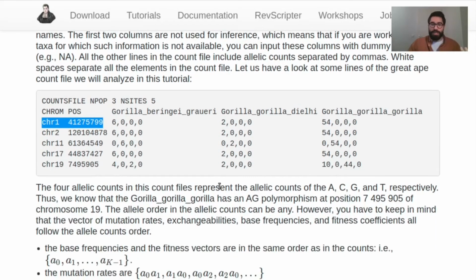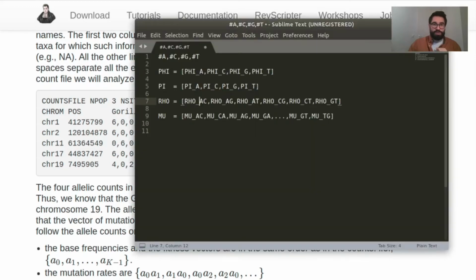Another important thing about the count files is that the order of the alleles matters. And why does it matter? Because it will determine the order of the parameters that I'm estimating. For example, in this case, all the allele counts in this count file follow this order, A, C, G, and T. And as a result, the estimated parameters will follow this order.